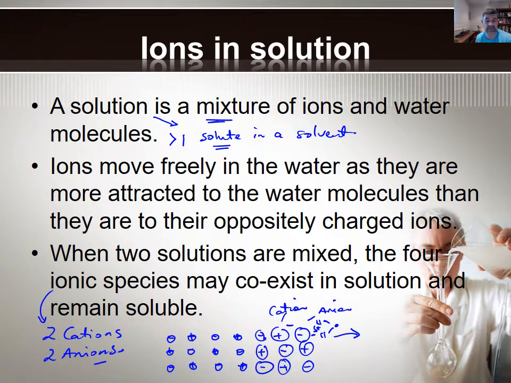Sometimes one or other of these might be common, but often it's four different types of ions. And we then look at what happens to the combinations when we put them together. Sometimes all four ionic species can coexist in solution and therefore remain soluble. This means no precipitate.